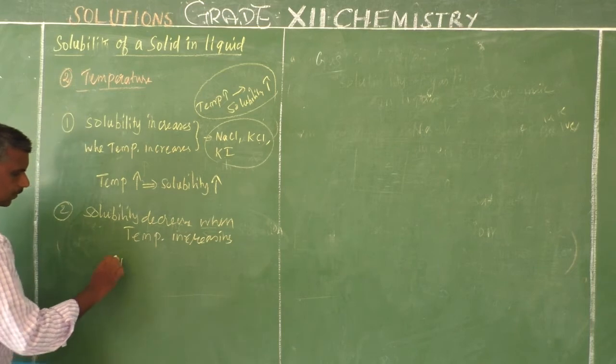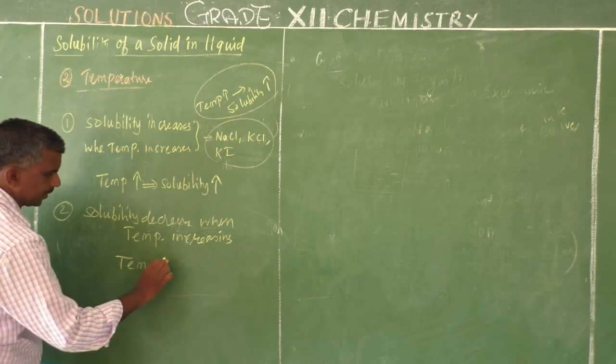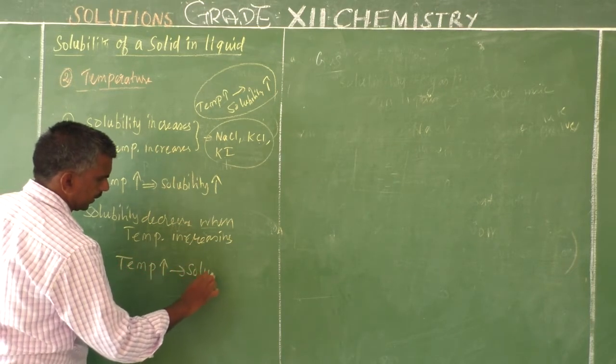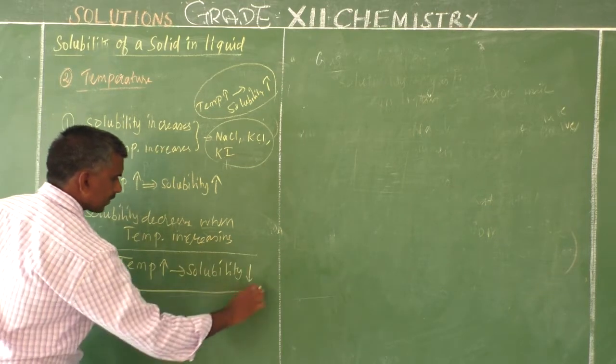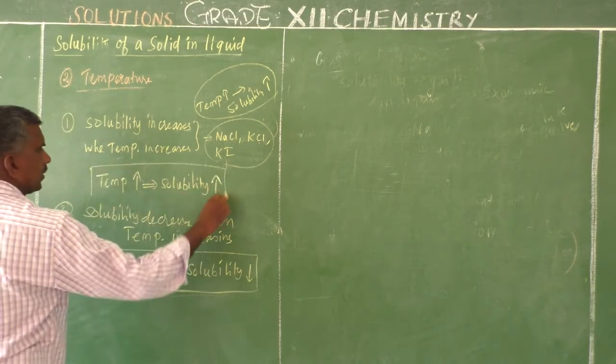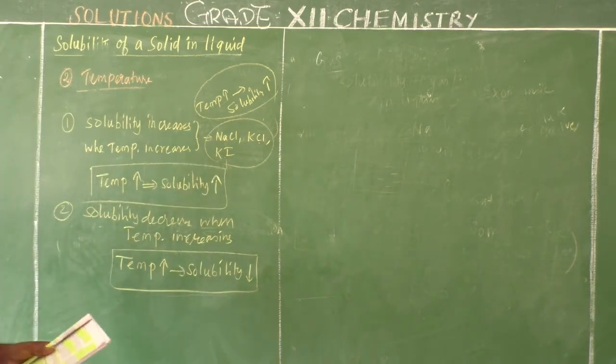That is, temperature increasing, solubility decreasing. For example, calcium carbonate: temperature increasing, solubility decreasing.